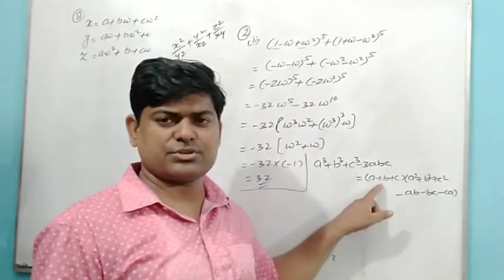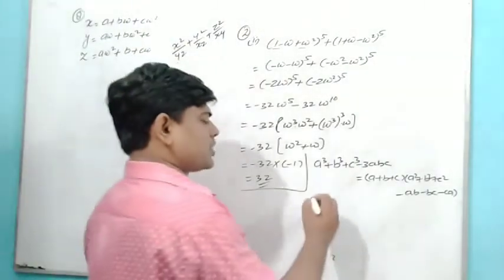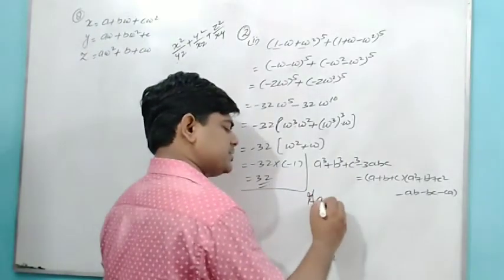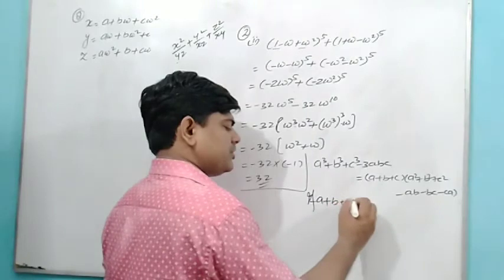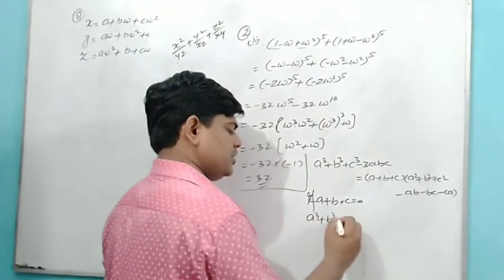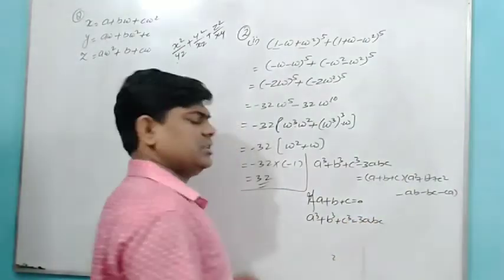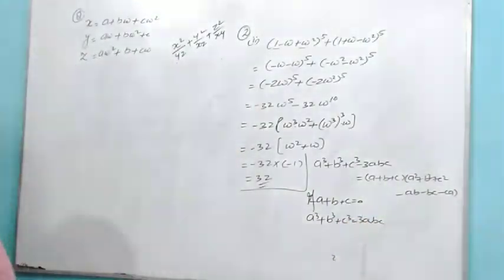If a plus b plus c equals 0, then the whole right hand side will be 0. So we had one more condition: if a plus b plus c equals 0, then a cube plus b cube plus c cube is equal to 3abc. Easily I can write. Now I am moving to the question.